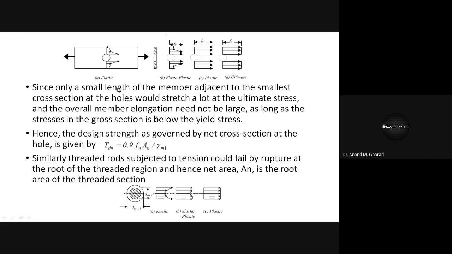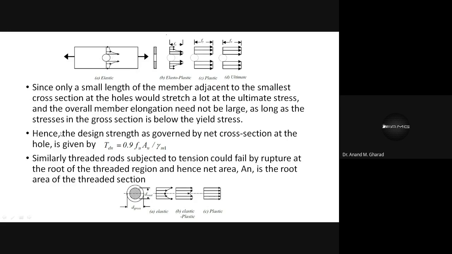Okay, so the meaning of this statement is same, that since only a small length of the member, that means this much from let's say here to here, adjacent to the smallest cross section, that is this, would stretch a lot at the ultimate stress, and the overall length of the member elongation need not be large. It won't be large compared to the ultimate stress which we can observe compared to the overall stresses which are developed in the rest of the plate. This is very small.